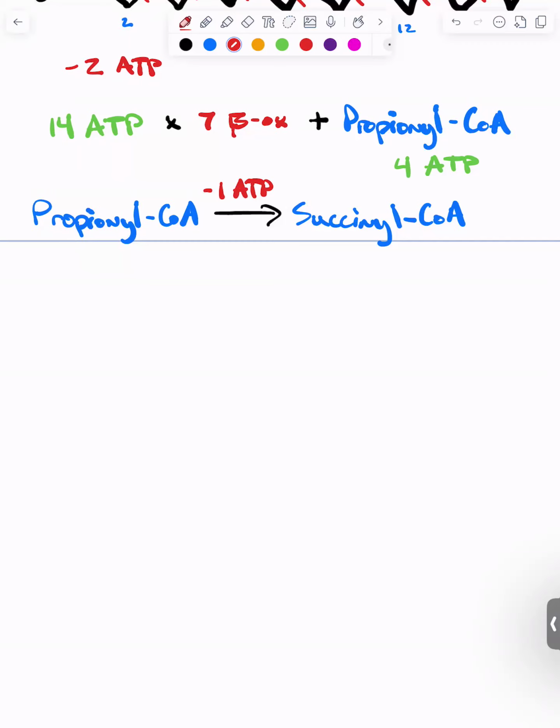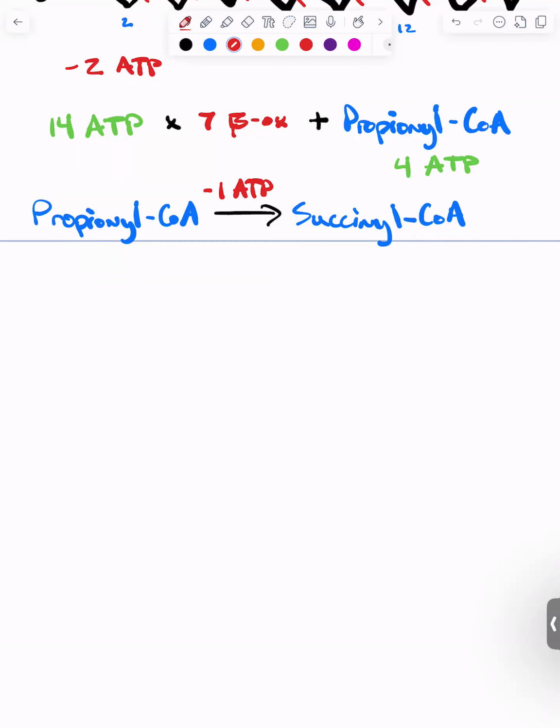Isocitrate dehydrogenase turns it into alpha-ketoglutarate. We generate an NADH at that step. So already succinyl-CoA is missing an NADH that acetyl-CoA makes. Then alpha-ketoglutarate dehydrogenase converts it into succinyl-CoA. So we're missing another NADH that acetyl-CoA generates.